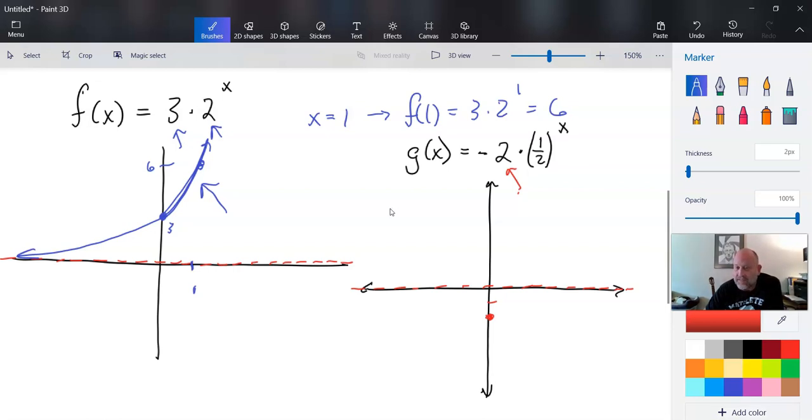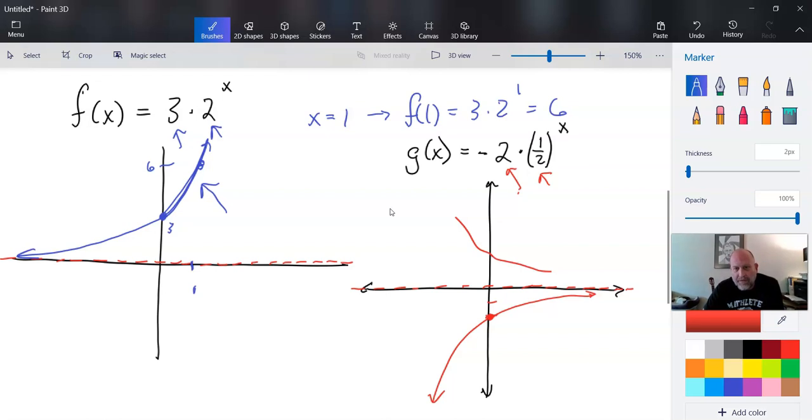And since this number is less than 1, it gets closer to 0 on the right rather than on the left. That means instead of being the one that goes up here like this, we get this guy. So we flipped it upside down at the same time.